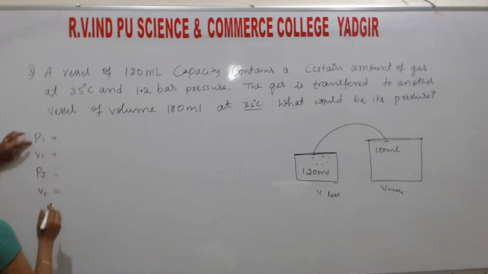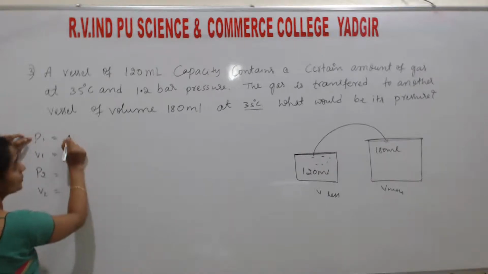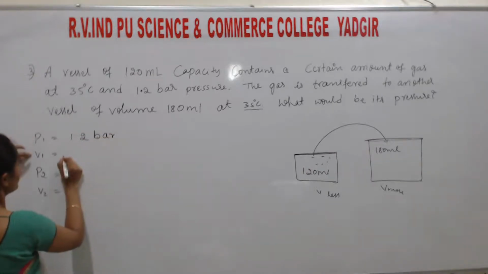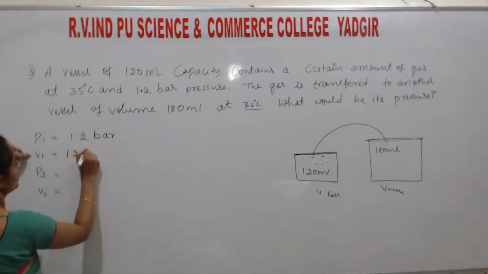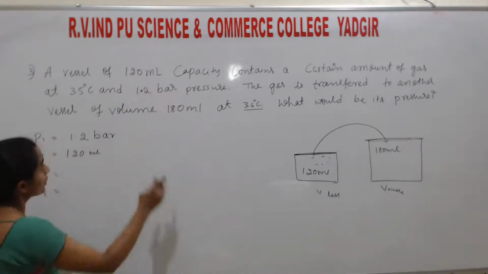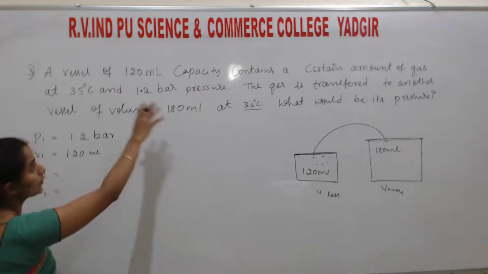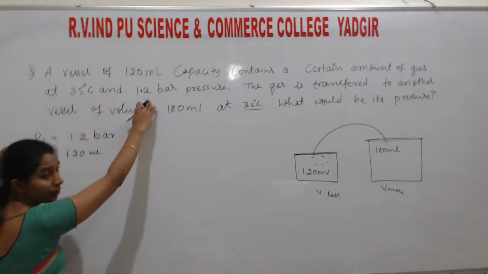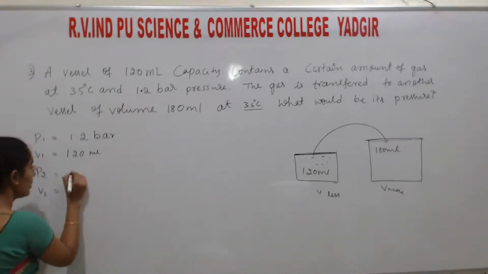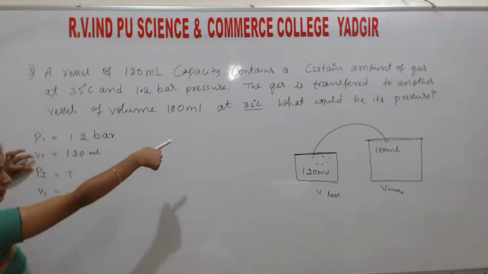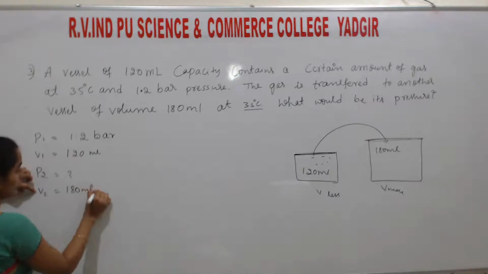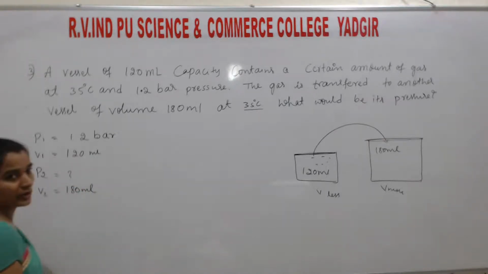Next, P1 is 1.2 bar, V1 is 120 ml. The problem says a vessel of 120 ml capacity contains a certain amount of gas at 35 degrees Celsius and 1.2 bar pressure, so P1 is 1.2 and V1 is 120 ml. P2 we have to calculate because they are asking what would be its pressure. Volume V2 is 180 ml. So follow Boyle's law.